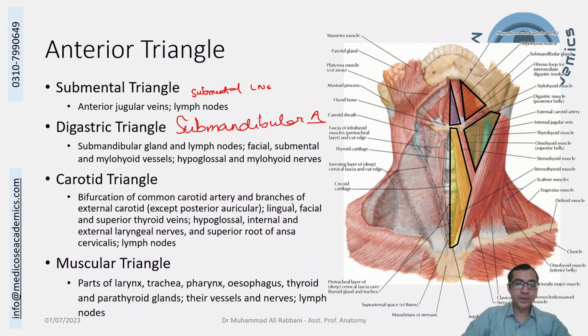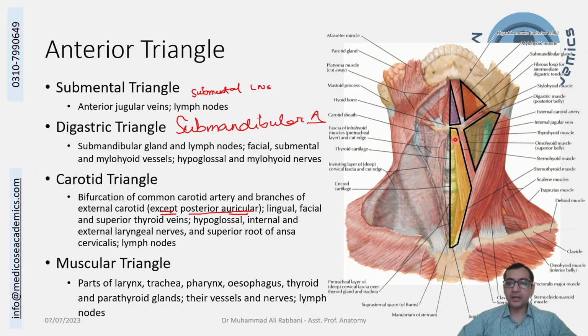Just remember this: all of the branches of the external carotid artery except the posterior auricular. Then there are lingual, facial, all the other arteries, and the lingual and facial veins. You will memorize these vessels tomorrow when we discuss the arterial tree and the venous tributaries. And then there is the hypoglossal nerve, part of the ansa cervicalis, and the lymph nodes.